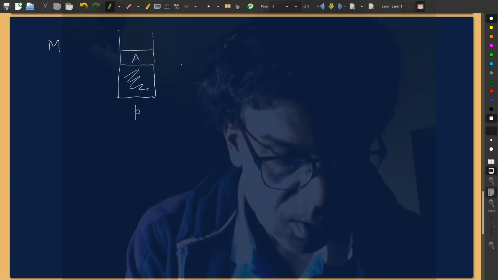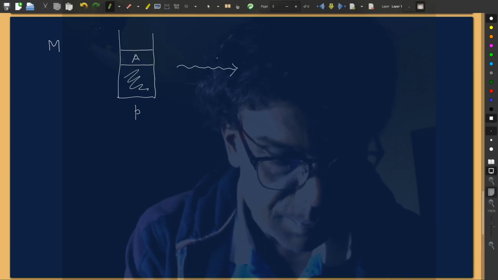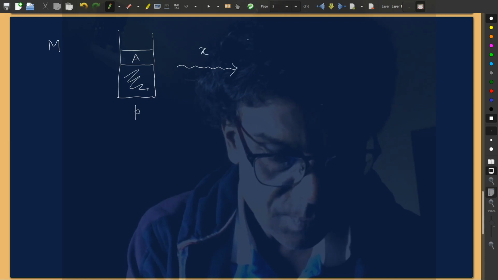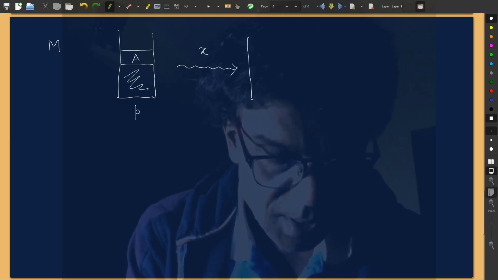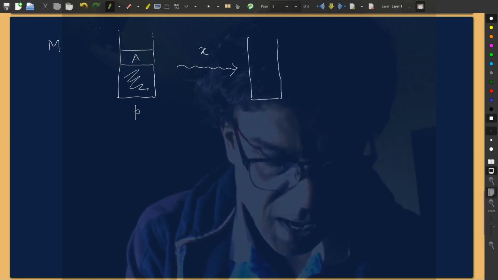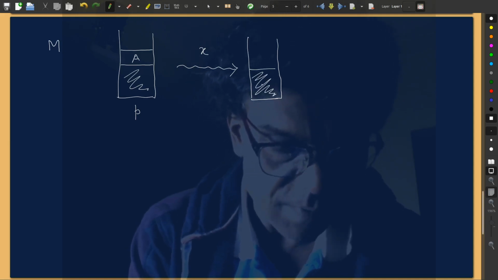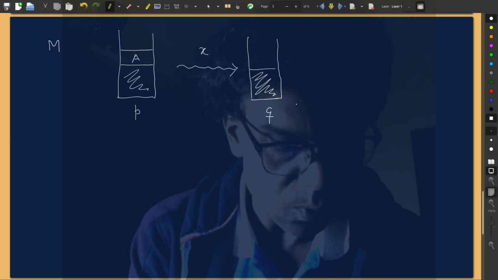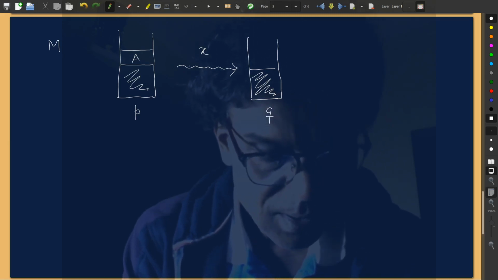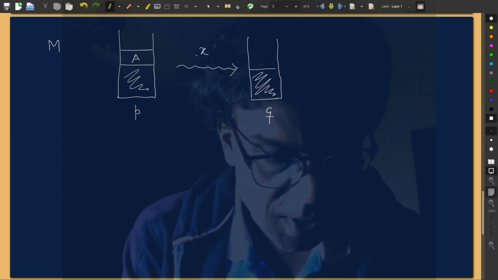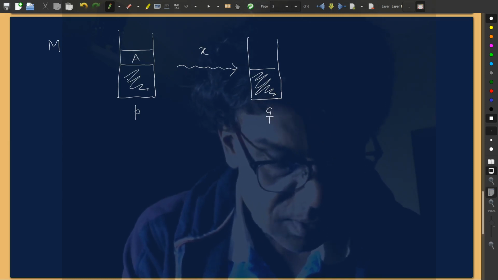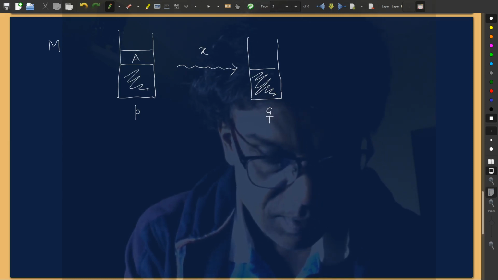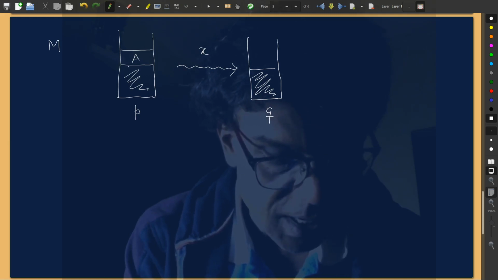So A will eventually be removed. After consuming something like X from the input, there will definitely come a time when this part will not change, only A will vanish, and at that point of time M may be in some state, let us call it Q. So X is consumed from the input, this part of the stack is kept unchanged, only A is removed.